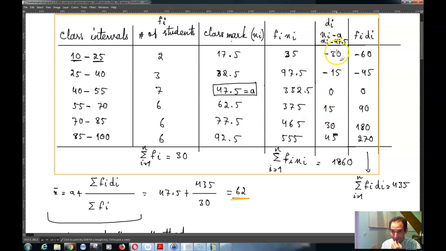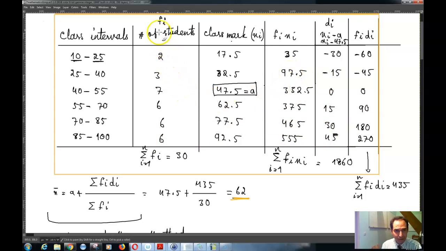For example, here we had to calculate f of i times d of i, so we had to multiply 2, for example, by negative 30, 3 by negative 15, 6 times 15, 6 times 30, and so on.